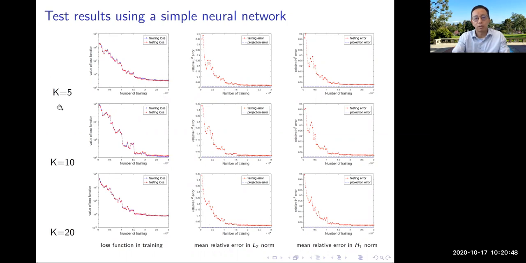The dimension reduction is 5, using the 5 leading eigenvectors. This is using 10, using 20. And you can see its performance; this is typical performance showing your training works and your neural network gives a good test result.